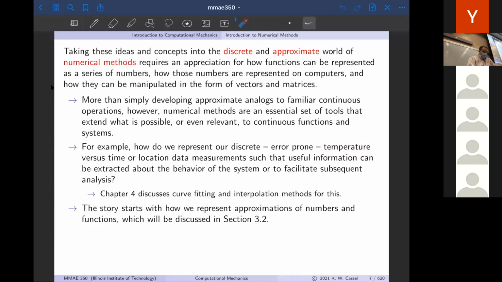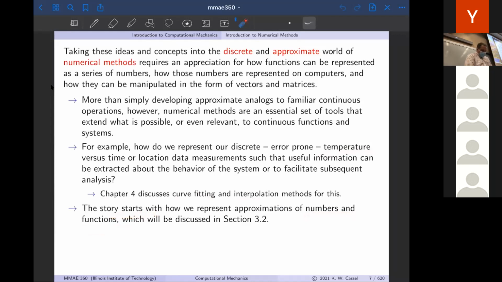So that's interpolation. And of course, we want a computer to do that. We don't want to have to do that by hand. So the story really then starts with how we represent approximations of numbers and functions, but that's certainly not at all where it ends.